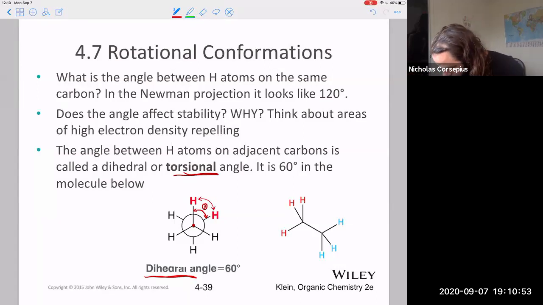The one that's between my front carbon and my back carbon, represented by that circle. So this is what makes it different than a bond angle. This is called a torsional angle. So in this drawing, it would be the angle between this hydrogen and this hydrogen, looking down that carbon-carbon bond. By increasing or decreasing this torsional angle, that's effectively the same thing as rotating about that single bond.